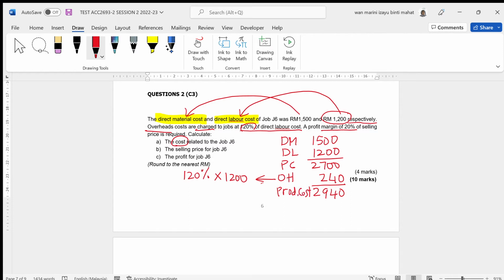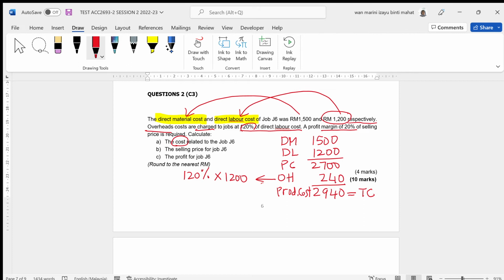And we do not have any other information. So basically our production cost is also the total cost, because we do not have the information such as admin overhead, selling overhead, and so on and so forth. So 2940 is also our total cost. Alright, so that is to answer A. How do we determine the selling price?